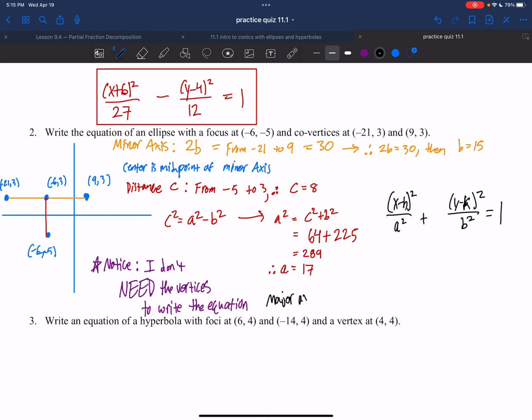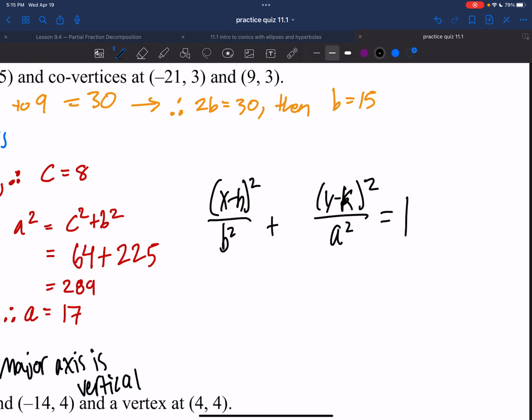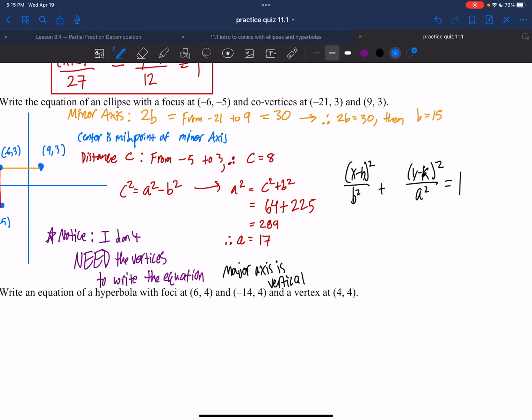Major axis is vertical. That means A should go under Y. And this is very important. So this is A squared, and this is B squared. Okay? And by the way, the center was -6, 3. So now I'll say it's x minus -6, so that's x plus 6 squared over b squared.